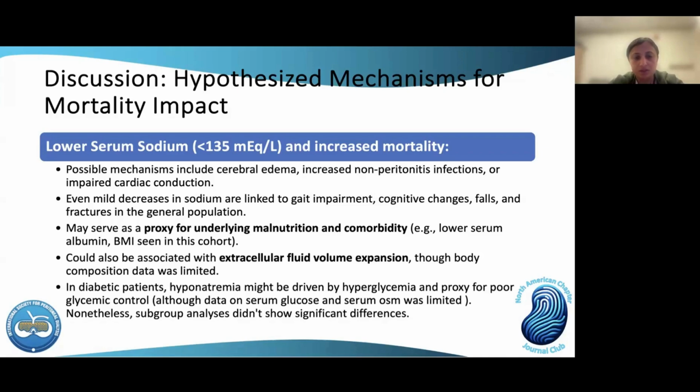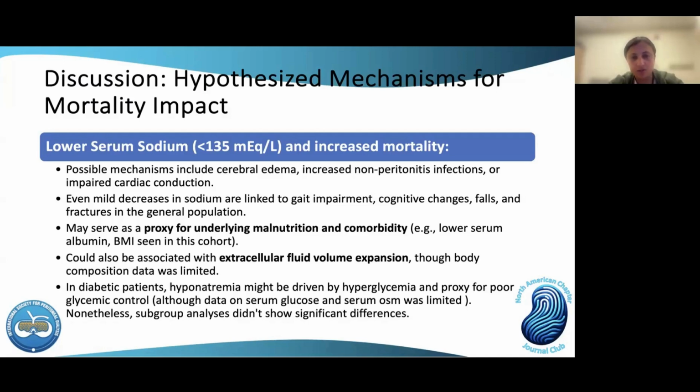Low sodium might serve as a proxy for underlying malnutrition and comorbidity, which we saw, as these patients had a lot of comorbid conditions compared to the other groups, and they had a lower BMI and lower albumin. It could be associated with extracellular fluid volume expansion, though the study didn't have any body composition data.